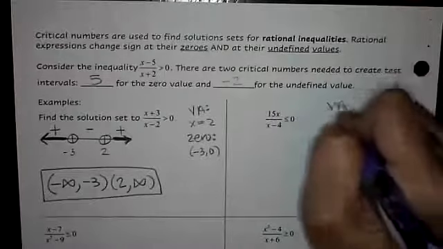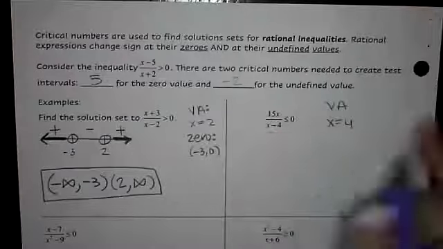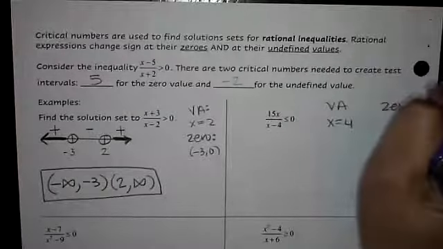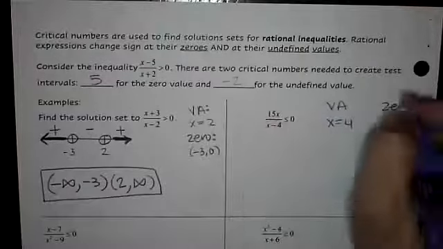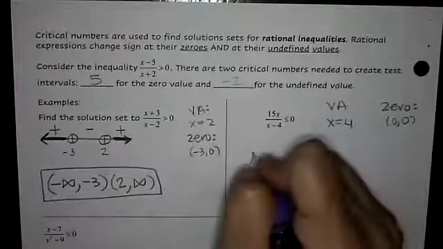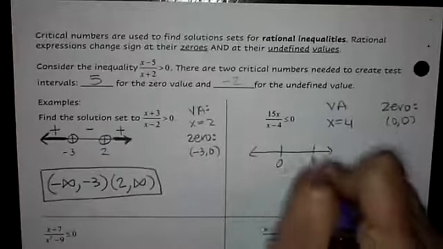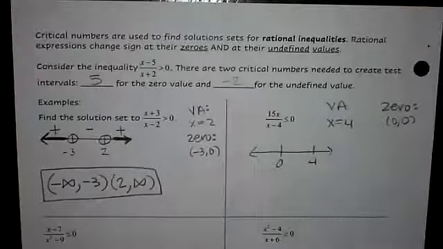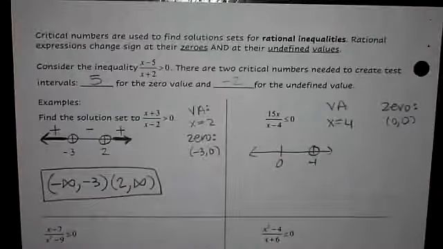Vertical asymptote at x equals 4, because that's what makes my denominator 0. Our 0, or x-intercept, is whatever makes that numerator 0, which is 0. We set up our little line at 0 and 4. 4 is always going to have an open circle.